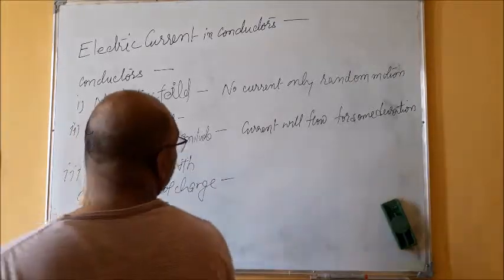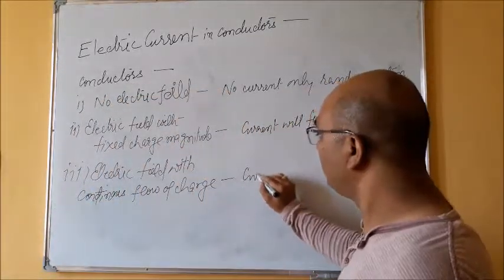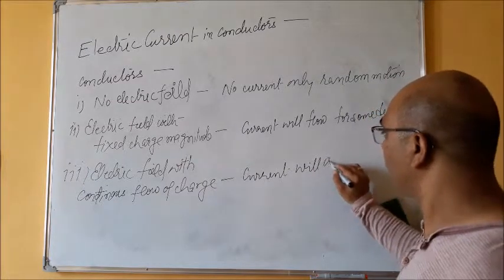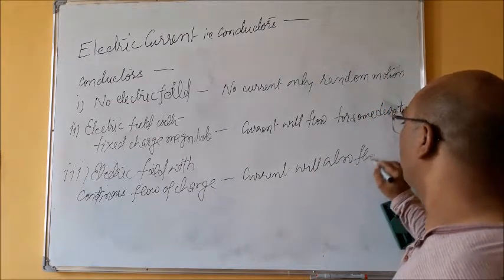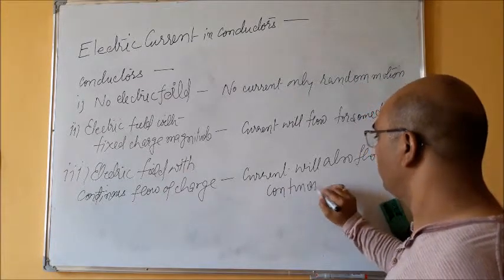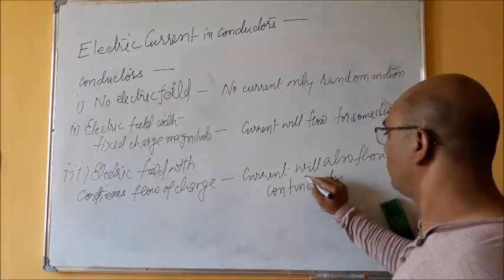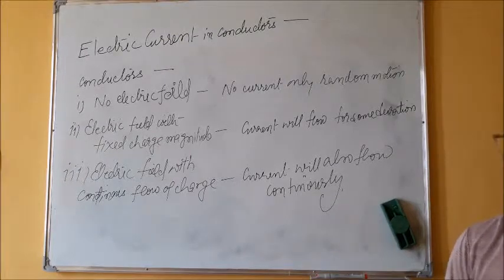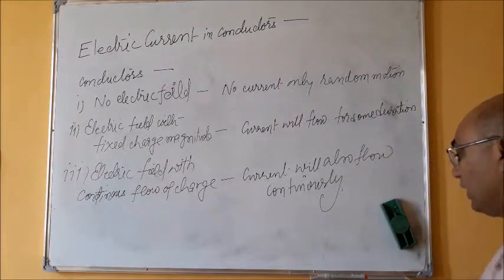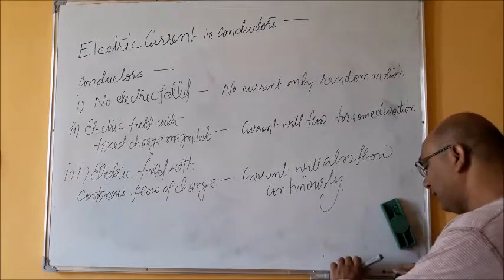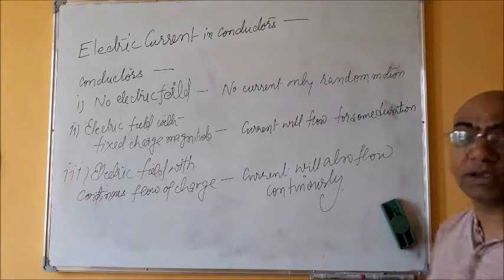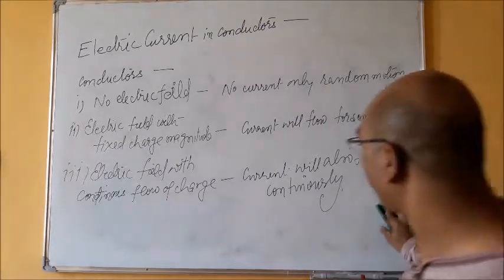So current will also flow continuously. Okay, so I hope all the 3 cases are clear to you, how the current flows inside the conductor, and let us move to the next topic. The next topic is Ohm's law.